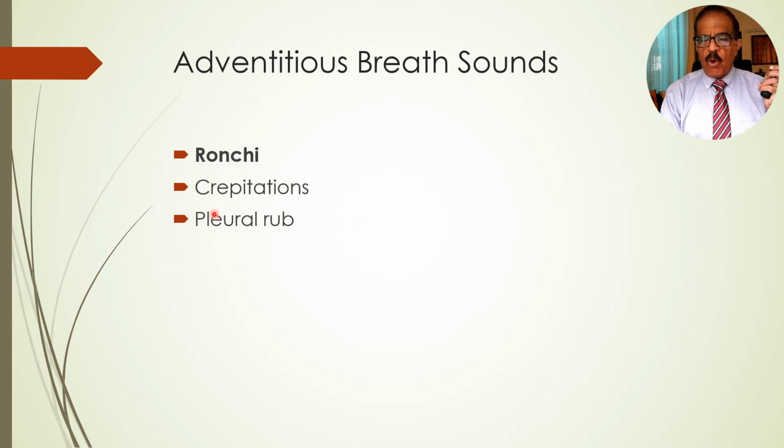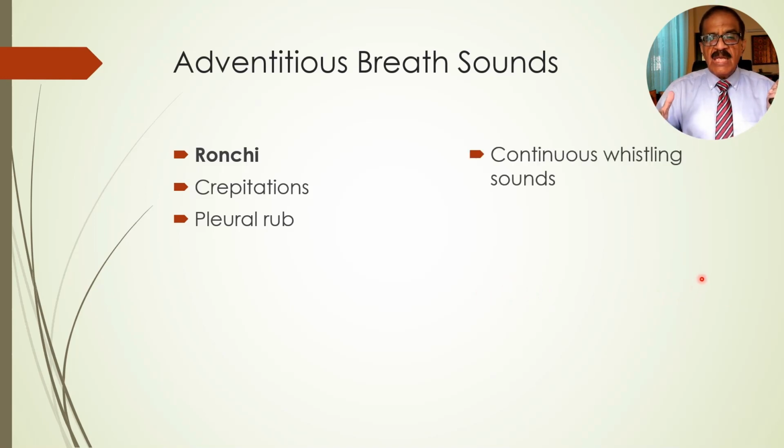First of all, rhonchi. Rhonchi are continuous, whistling sounds, heard throughout inspiration or throughout expiration or biphasic. Patients typically describe them as wheezing or whistling. Then they may be sibilant or sonorous.